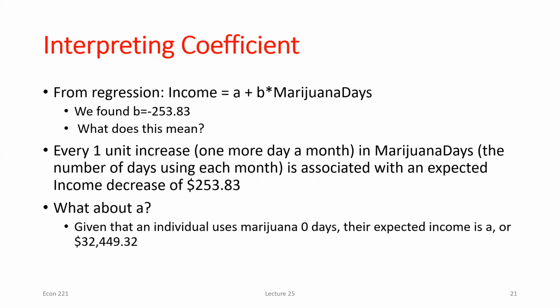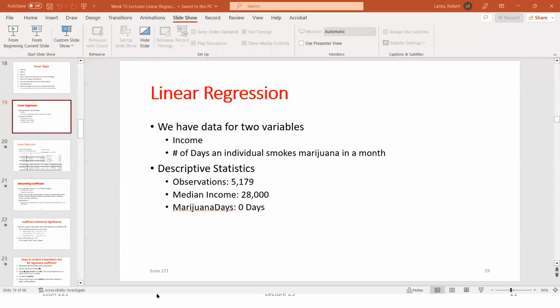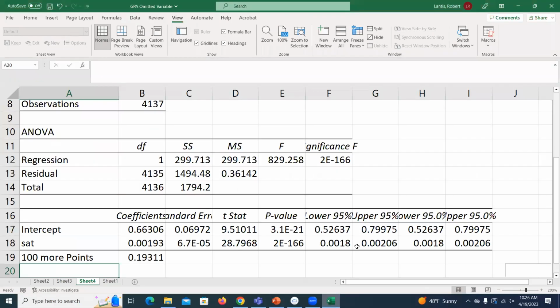Here I'll show you another one that is kind of goofy. So if we go back, I can't remember these values. Let's say I was trying to predict GPA from SAT scores. So I get 0.66 plus 0.0019, was it? Yeah.